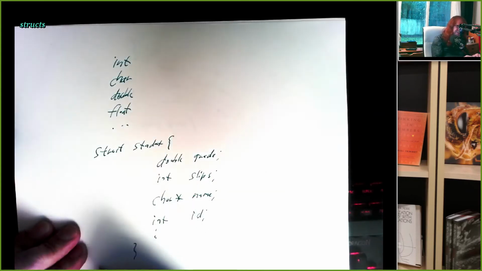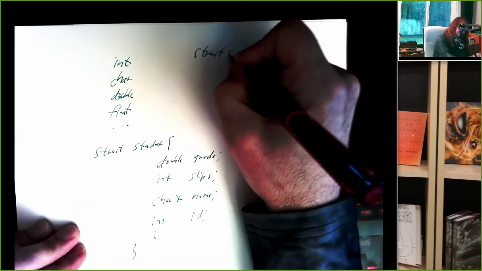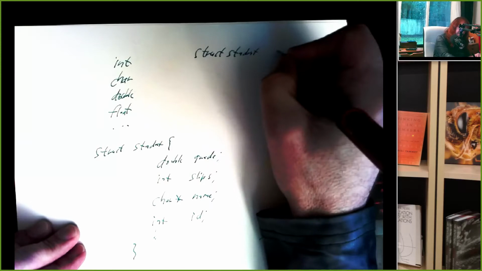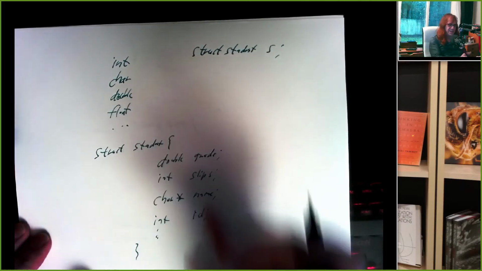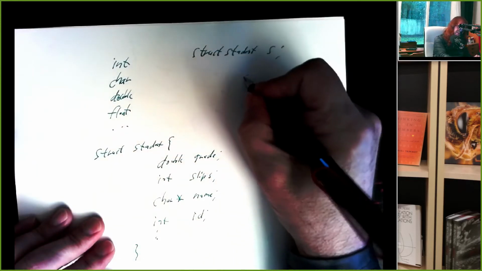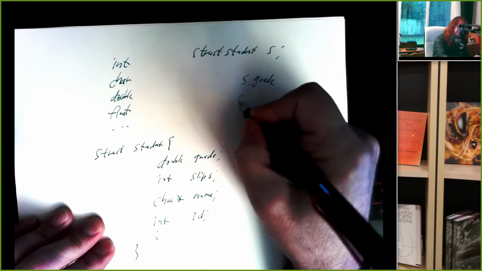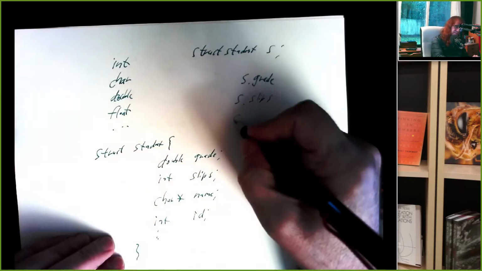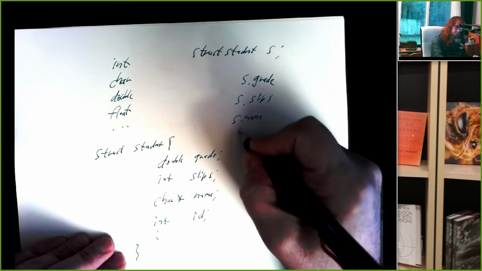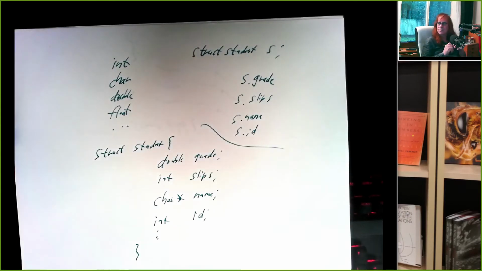So if I've defined what a struct student looks like, I can say struct student s. And s now has all these different pieces to it, so I can talk about this student's grade as s.grade. I can talk about their number of slip days as s.slips, and so on. Now, I don't have to do this, right?